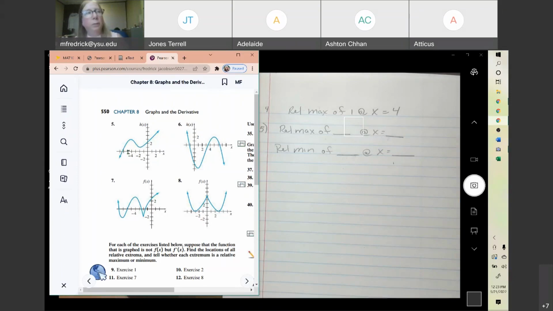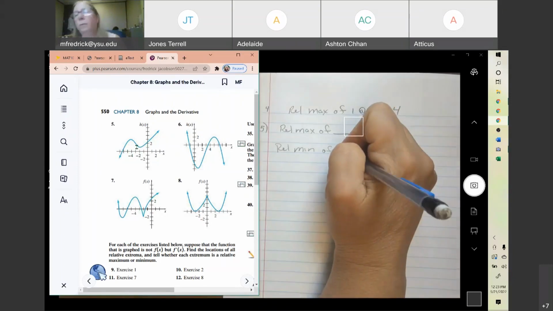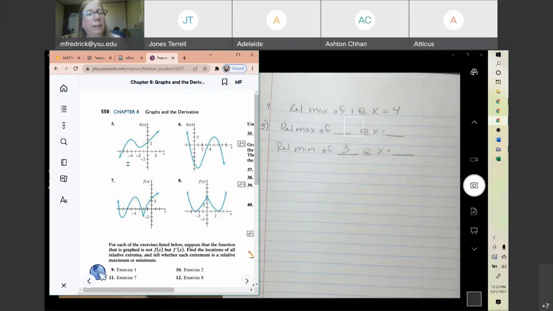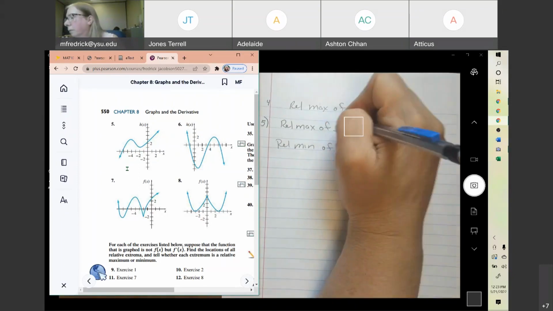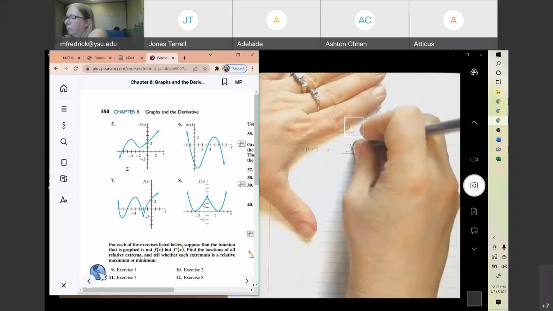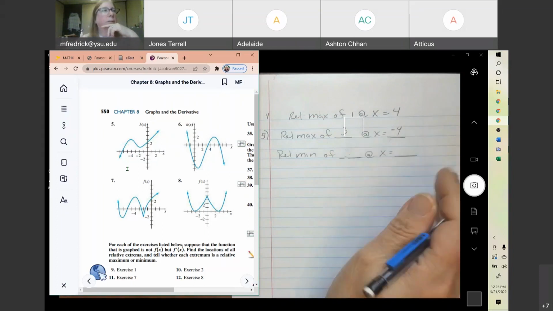Everything around it is below it. It's a mountain. A low point or a min would be a valley. So this one is a max and it's at 3. So there's a maximum of 3, the y value, at -4. Any questions on that part?